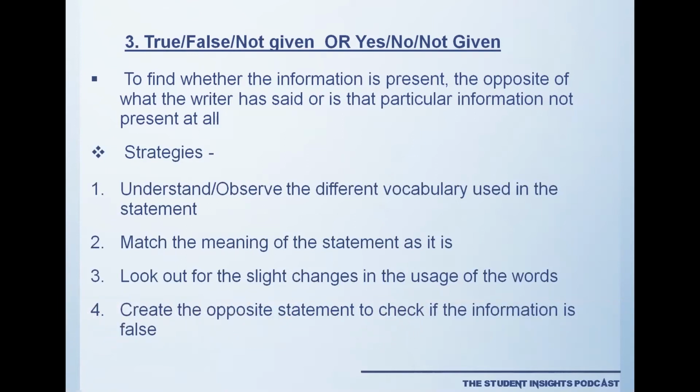You have to look at what exactly the meaning of the statement is, and you do not have to have a pre-assumption about what the statement means, because if you have a pre-assumed meaning of the statement and the meaning is different, you will end up giving, say, a false instead of a true, or a not given instead of a false. So please make sure to understand the different kind of vocabulary.